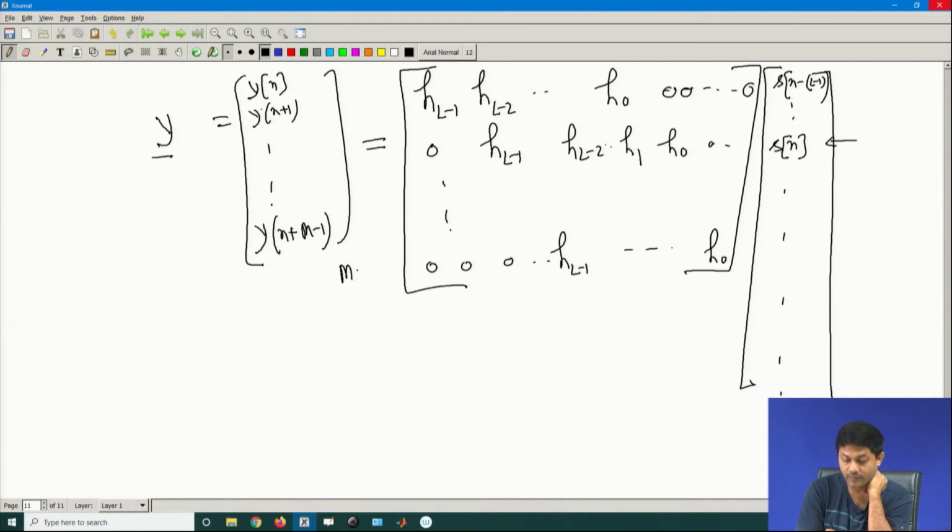This should be m cross 1, because that is the number of observations I am having. Definitely this will be m cross how many? It will be as many as the data I want to observe. So, this should be m plus L, and this should be m plus L cross 1. So, that is the number of data you will observe.